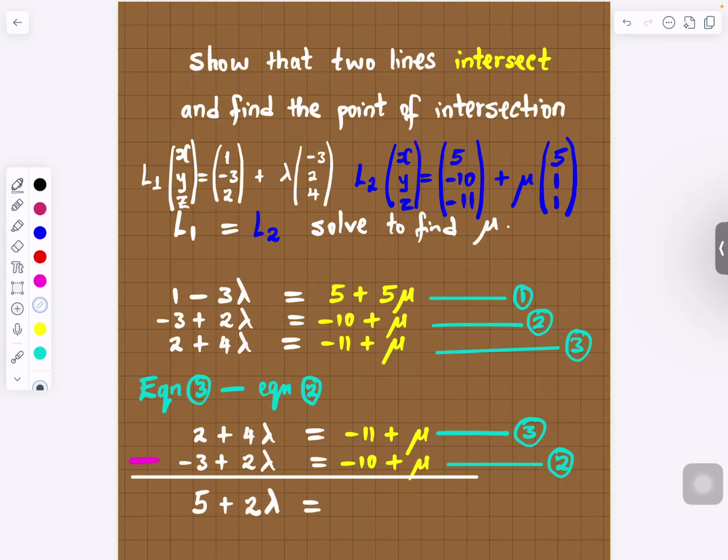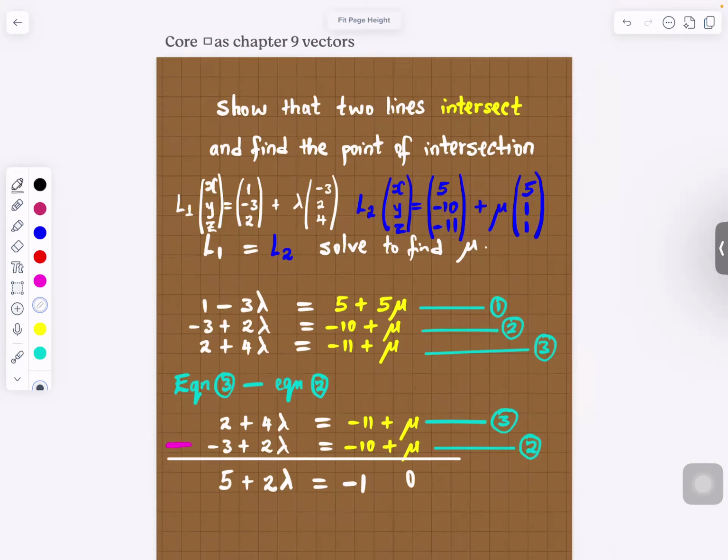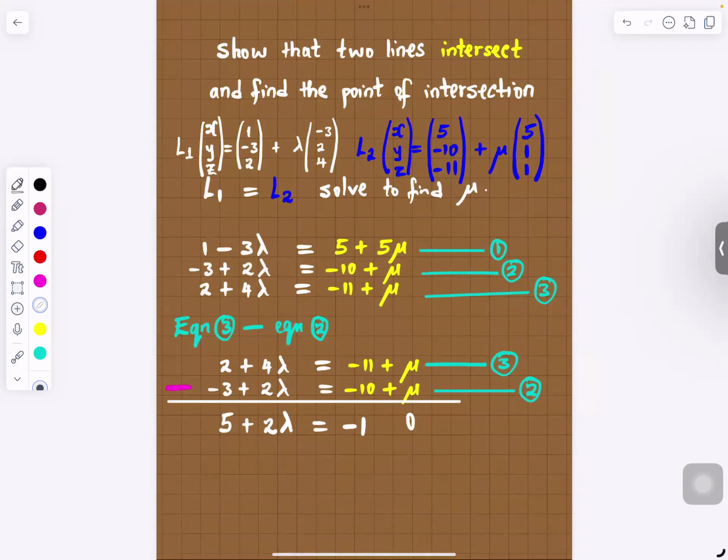Minus 11 minus minus 10 gives me minus 1. Mu minus mu gives you 0. So when you solve this now, you can solve this for lambda. So 2 lambda is equal to minus 6, and lambda is minus 6 divided by 2. Lambda is minus 3. When you get up to that part, let me know.